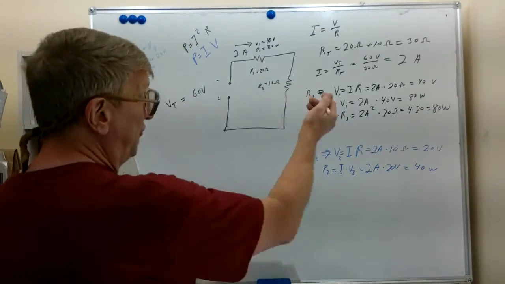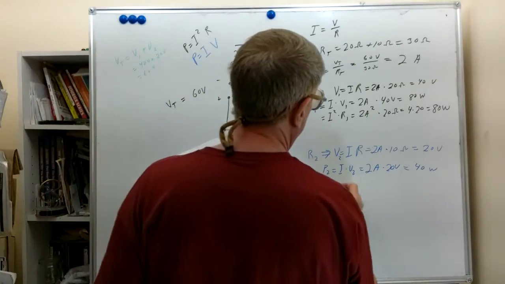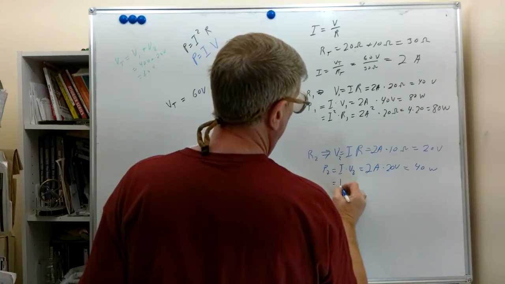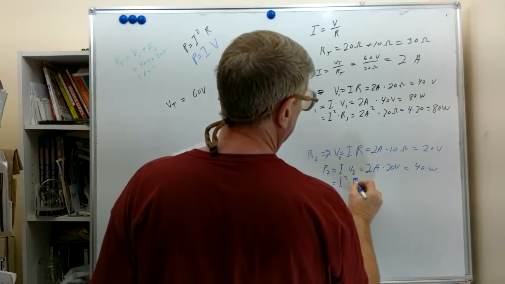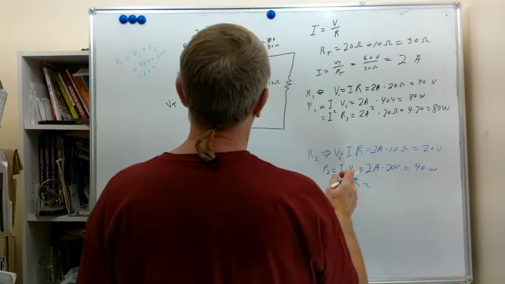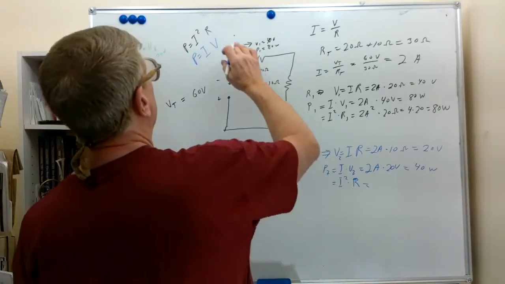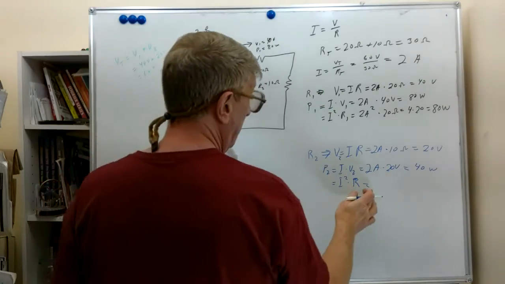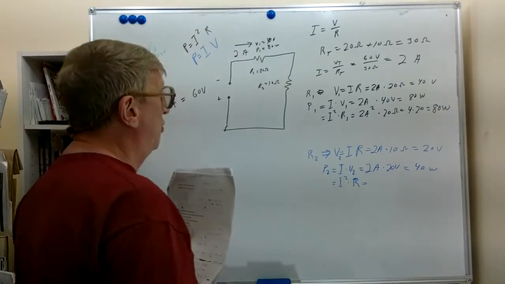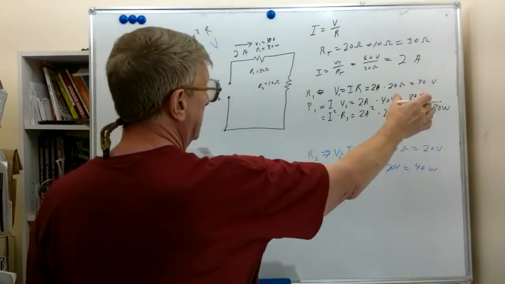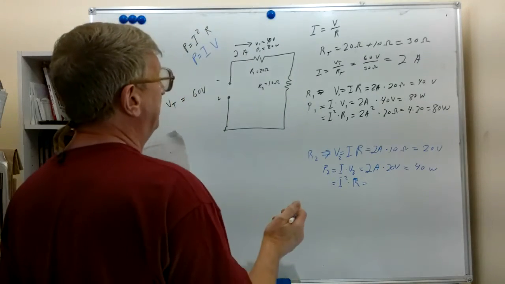And let's use this other formula, the I squared R, the other power formula. I squared times R. You notice for this formula, we need current and voltage for power. For this formula, we need current and resistance. So it depends on which one we have, maybe which one we chose, but we have already calculated the voltage and the current, we have both.